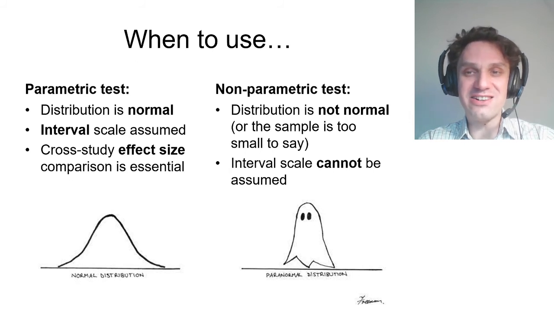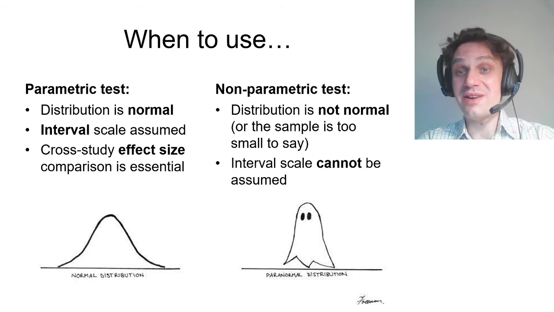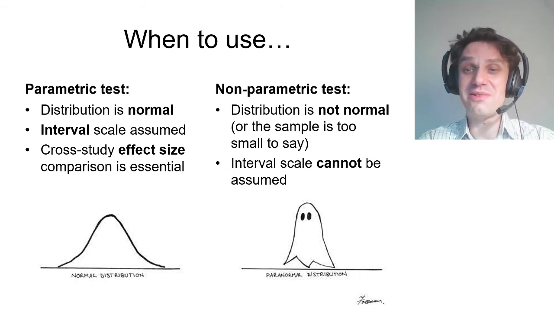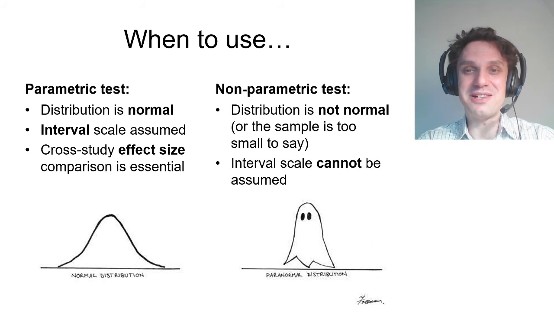They are easier to calculate, easier to apply, easier to calculate effect sizes for. And if you need to compare data with other studies or across different samples, usually it's better to use parametric statistics, because most people are using them as well. However, it only makes sense to use them if your data is close to normal.